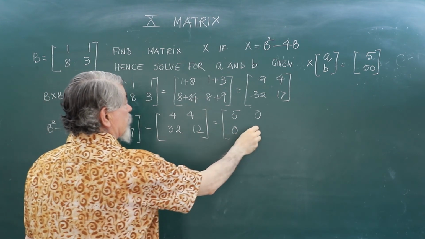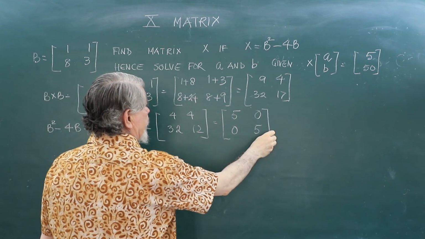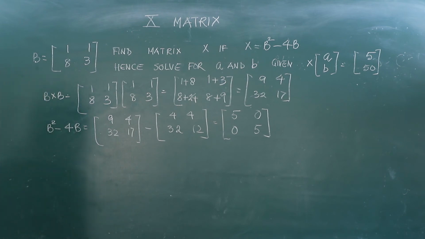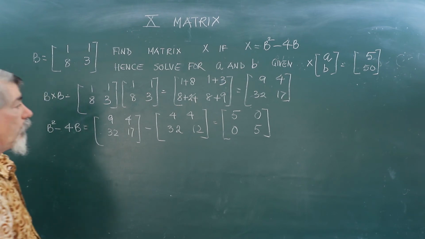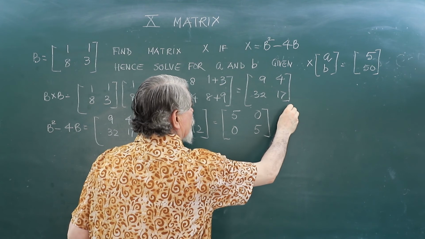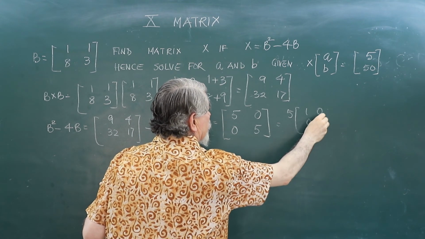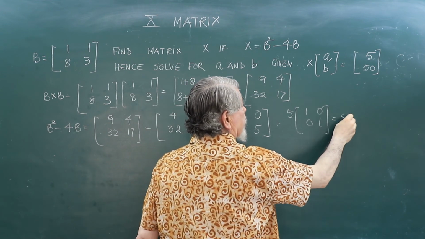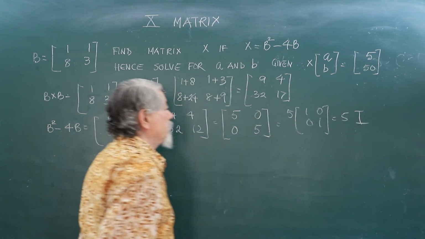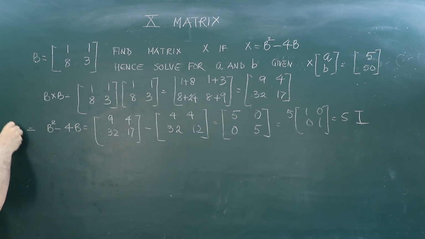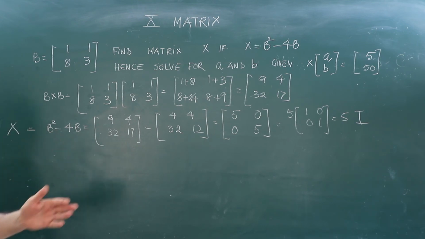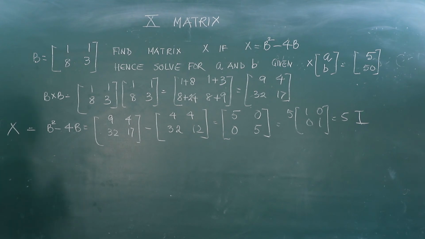And 17 minus 12 is 5. You get matrix 5 0 0 5, or 5 can be taken out common, 1 0 0 1, and actually it is 5 I. This is X. We wanted you to calculate the matrix X. Matrix X is actually 5 of the identity matrix. Identity matrix is 1 0 0 1.